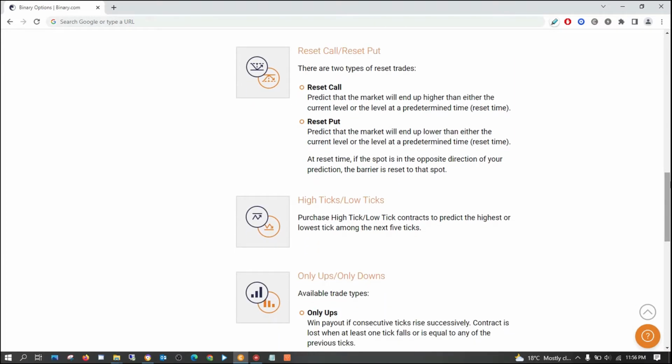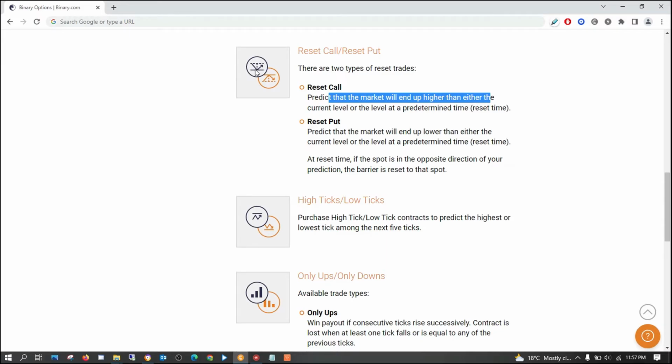Another one is reset call and reset put. These two types of reset trade predict that the market will end up higher than the current level. As you can see here, you predict that the market will end up higher than the current level.